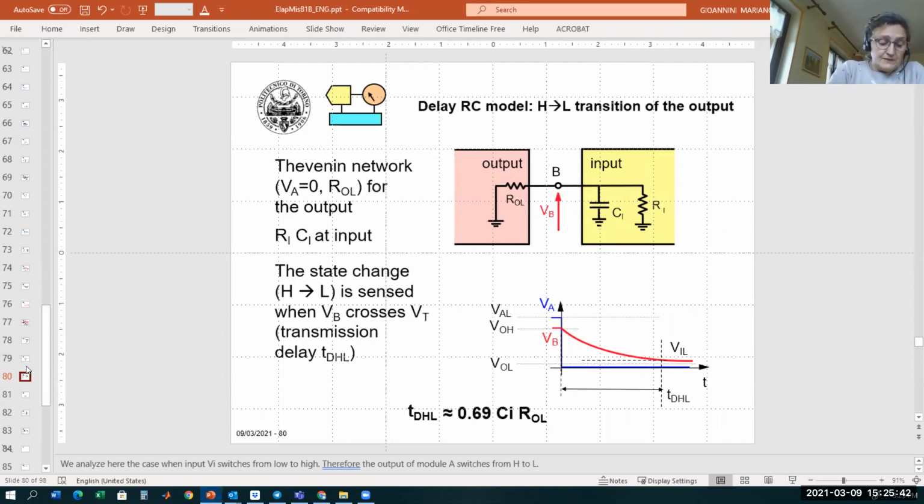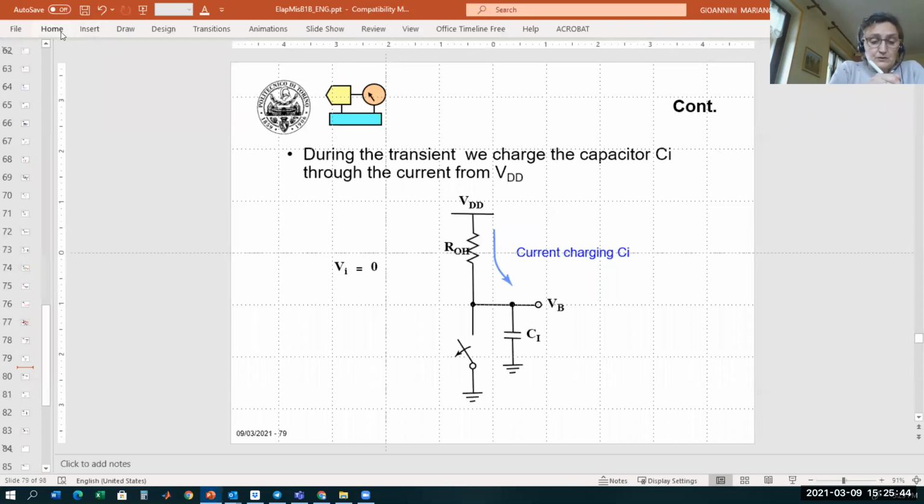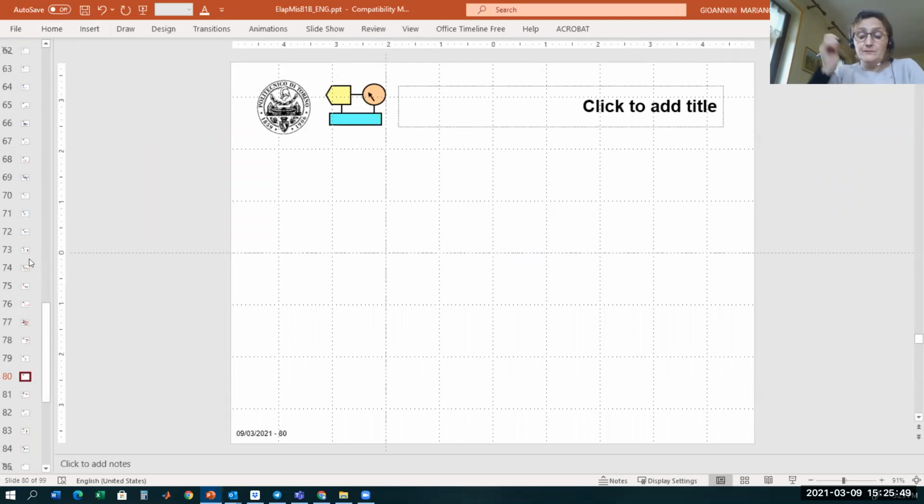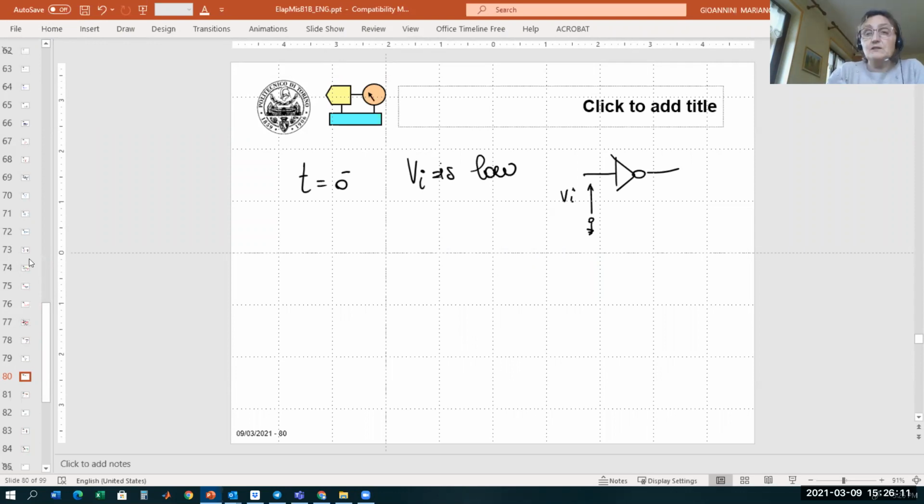Let's understand what happens now. Let's assume we have the opposite condition. Let's repeat once more all the story, but in the opposite case. Let's assume that at T0 minus the input voltage is low. This is the input voltage to the inverter, and we assume that initially it is low. This means that the output, VB, is high.